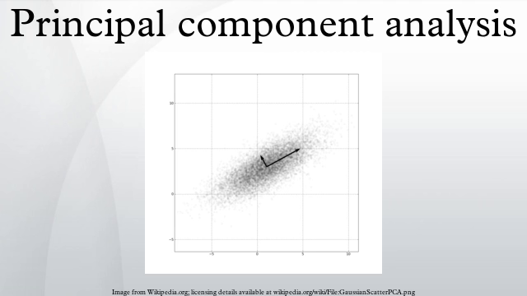In multilinear subspace learning, PCA is generalized to multilinear PCA that extracts features directly from tensor representations. MPCA is solved by performing PCA in each mode of the tensor iteratively.